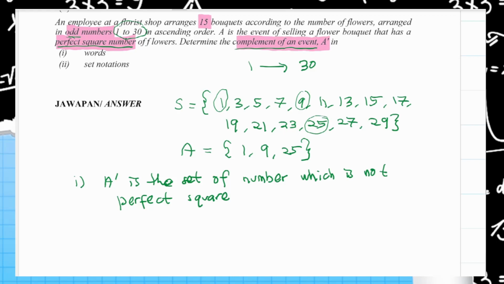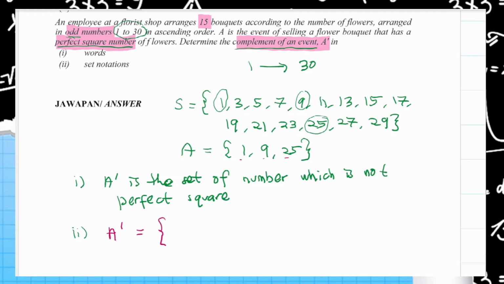Okay, number 2, in set notation. Here we already found our A, which is 1, 9, 25. So when we want to find A prime, of course our answer is everything except 1, 9 and 25. I already circled A, so the rest is A prime.